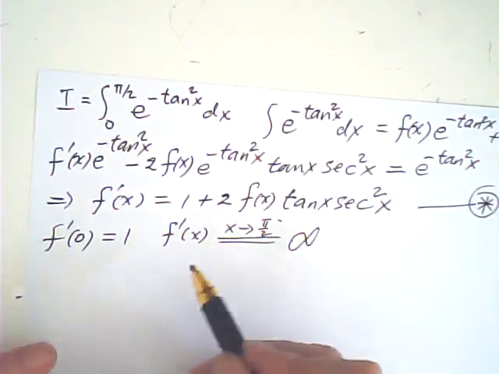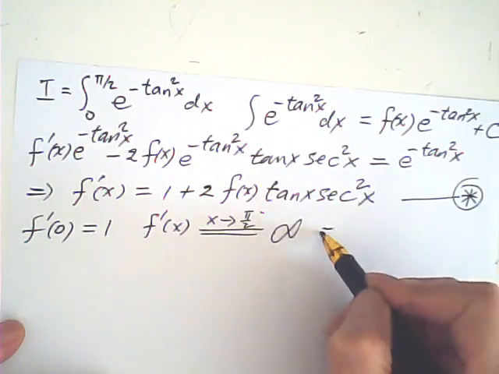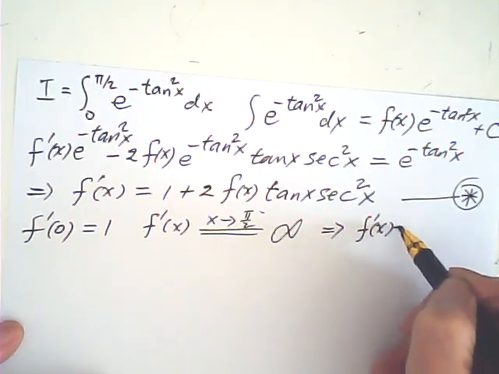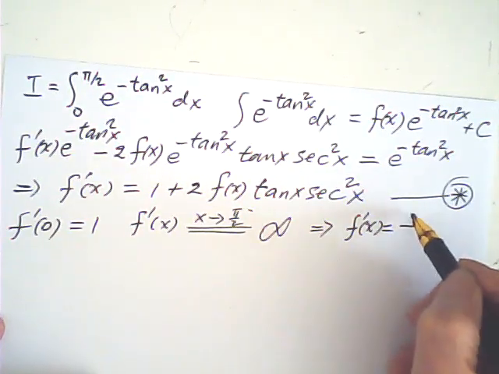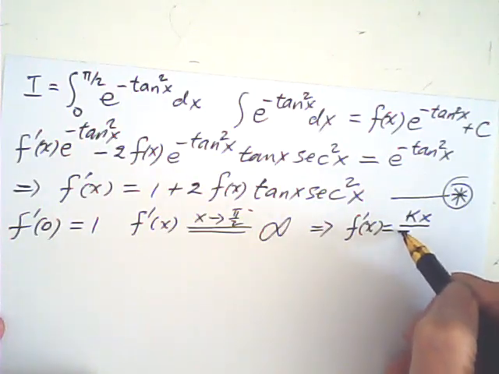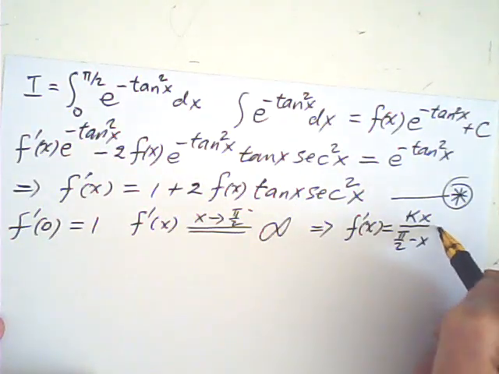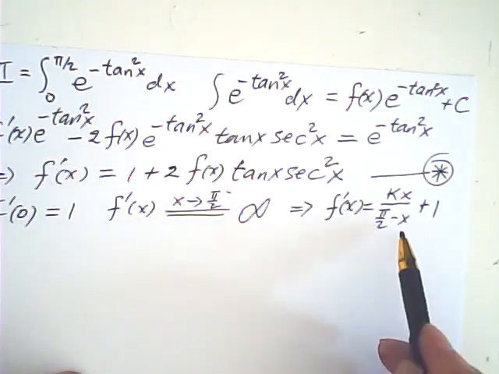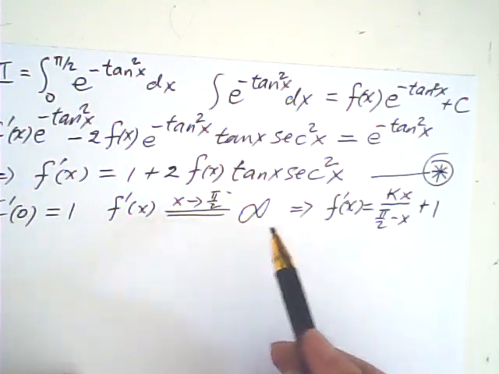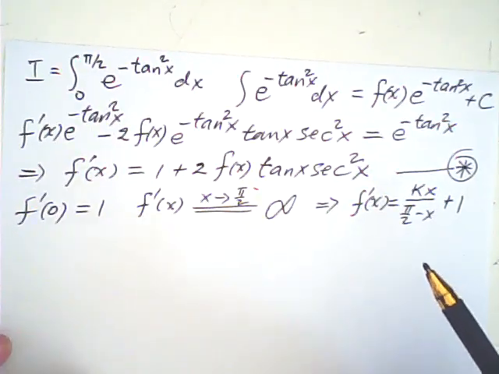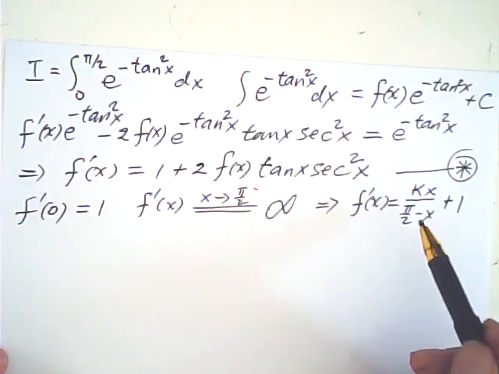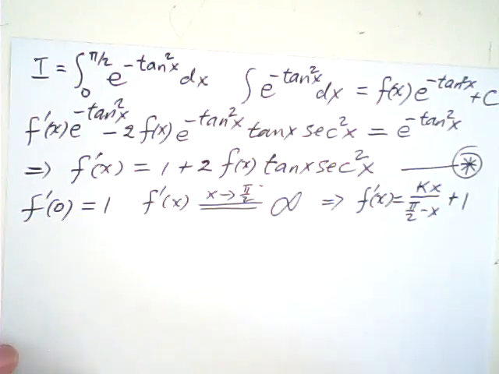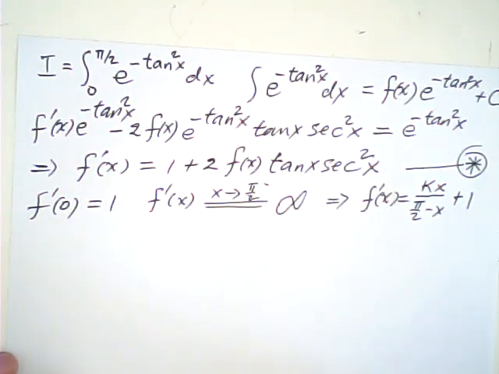Based on these two, I guess f prime of x is equal to kx over half pi minus x, plus 1. This one satisfies both conditions. See, this is a method of approximation. So I just presume that f prime of x is equal to this. So this is an approximation anyhow.